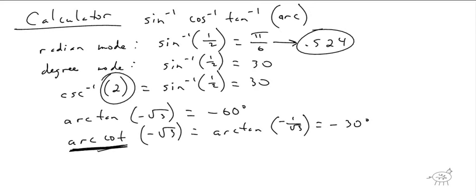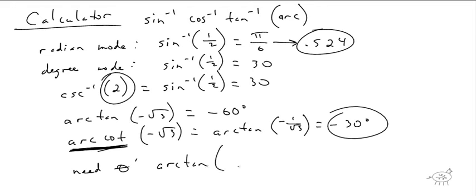So kind of what you're doing here, math fans, which is the only tricky one, is you need your reference angle. And how do you get your reference angle? Well, you could just look at it and say, well, the reference angle is 30 degrees. That's actually really easy. Or you can just type in arc tangent of positive 1 over root 3, because that actually gives you your reference angle, which is 30 degrees.